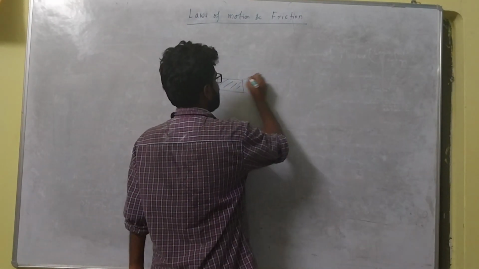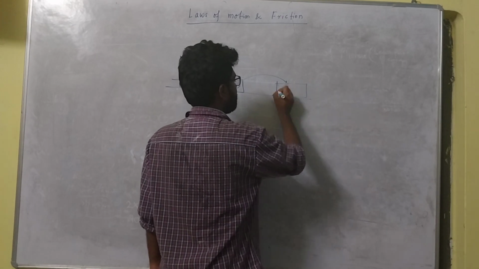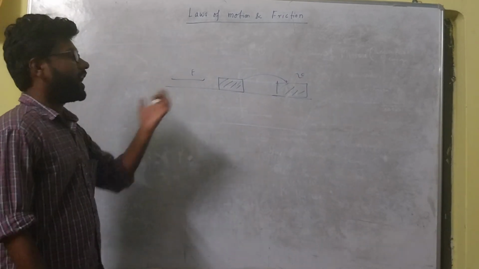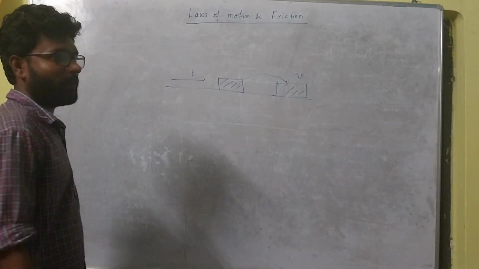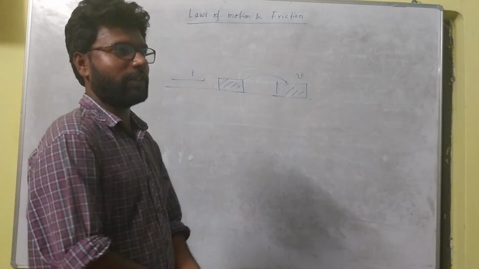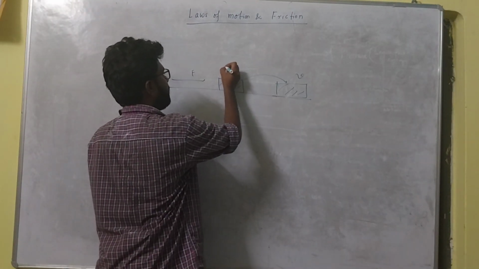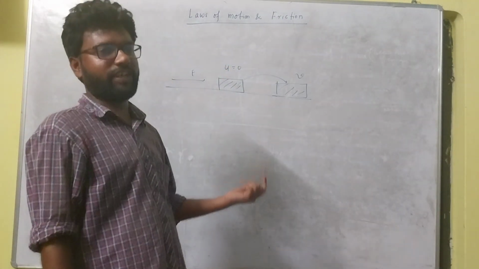Let's say its velocity right now is v. Now comes the second law of motion, the change of velocity. Remember, it's at rest, so the initial velocity u is 0. That means the block is at rest.